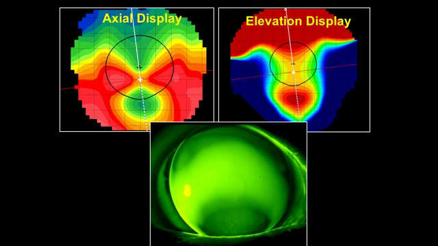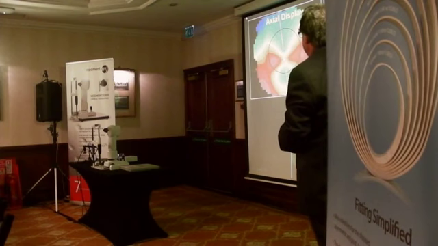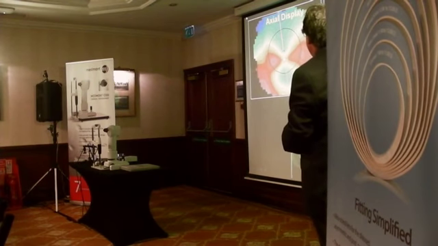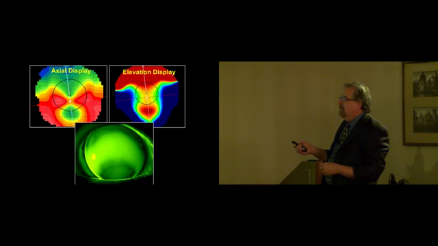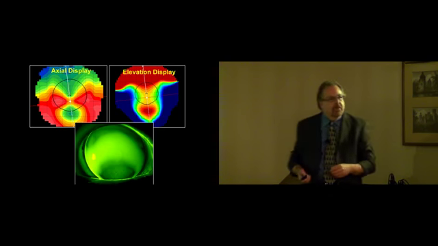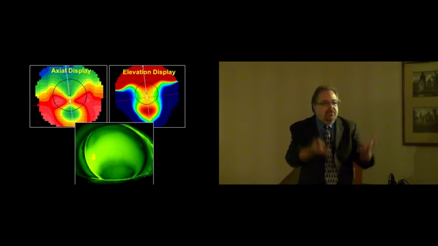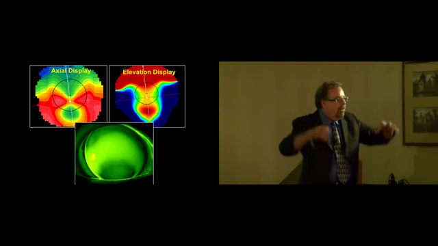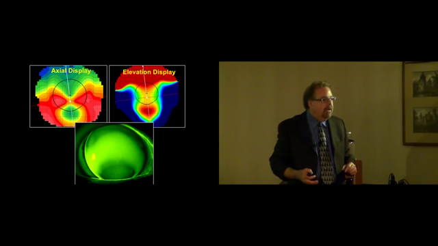Now, let's show you how you need to visualize corneal topography today. You need to be using what's called the elevation display map. What that does is it takes a theoretical spherical surface and then tells you where the cornea is the highest and where it's the lowest. Where it's highest is where the red is, where it's lowest is where the blue is.